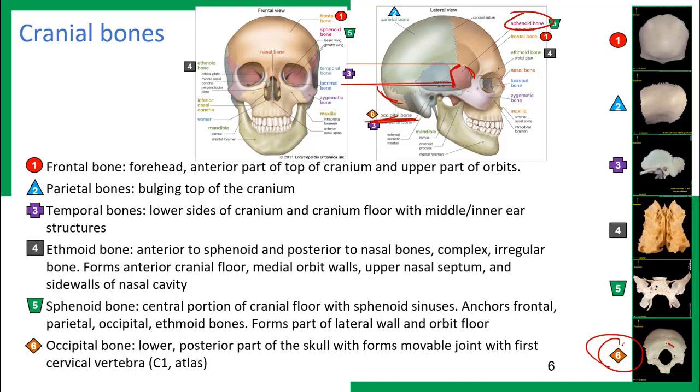And what you can see is at the floor of the occipital bone, there is this huge hole. And this huge hole is called the foramen magnum, right? Magnum means huge, foramen means hole. So the occipital bone has a huge hole, and this is where the spinal cord goes through.